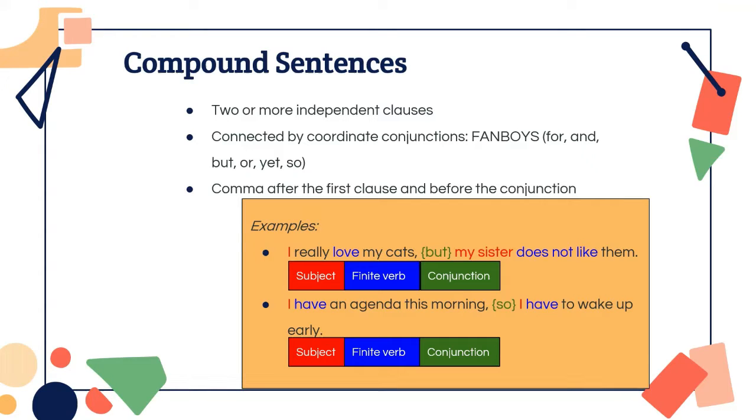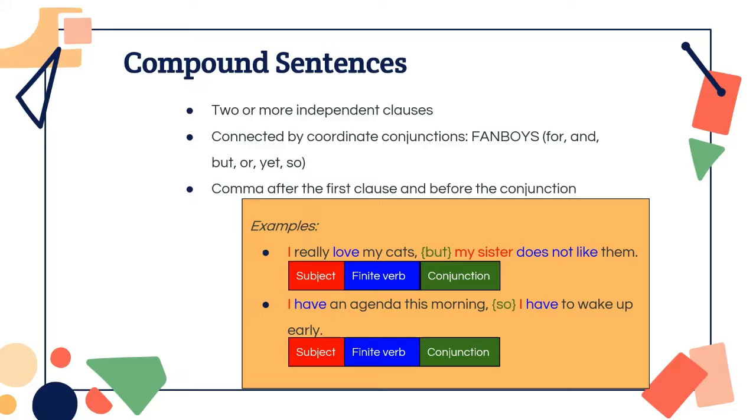And again, to check whether these two sentences have two independent clauses, we can separate the first clause and the second clause and omit the conjunctions.